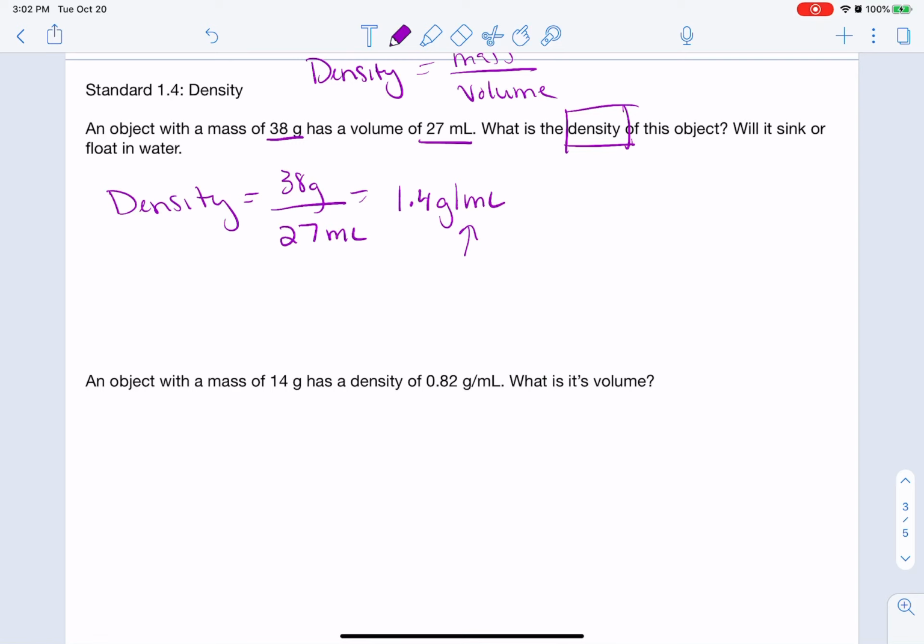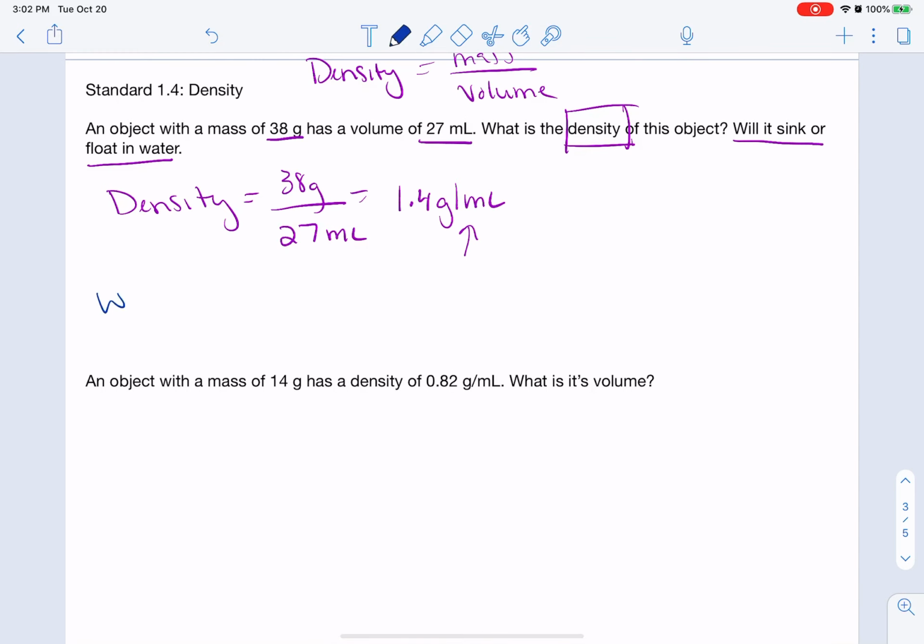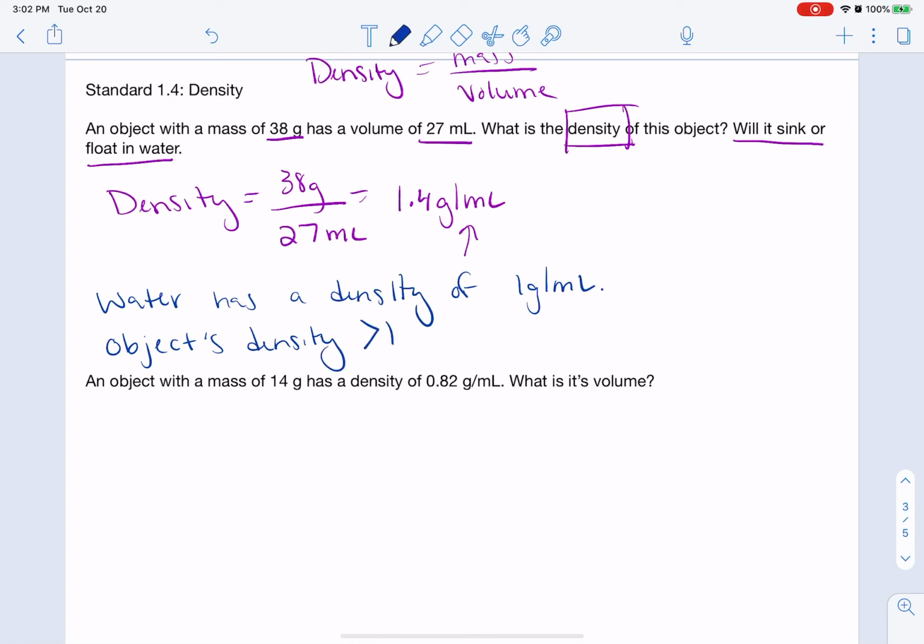So now it's asking us, will it sink or float in water? Okay, so water has a density of 1 gram per milliliter. So if an object's density is greater than 1 gram per milliliter, it's going to sink.